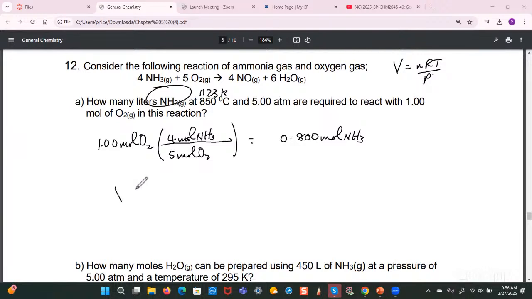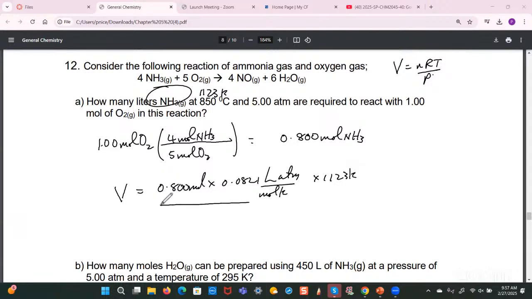So volume is equal to n, which we just calculated, 0.800 moles, times R, which is 0.0821 liters atmospheres over mole Kelvin, times the temperature, which is 1123 Kelvin, all divided by the pressure, which is, what's the pressure? 5.00 atmospheres, right?